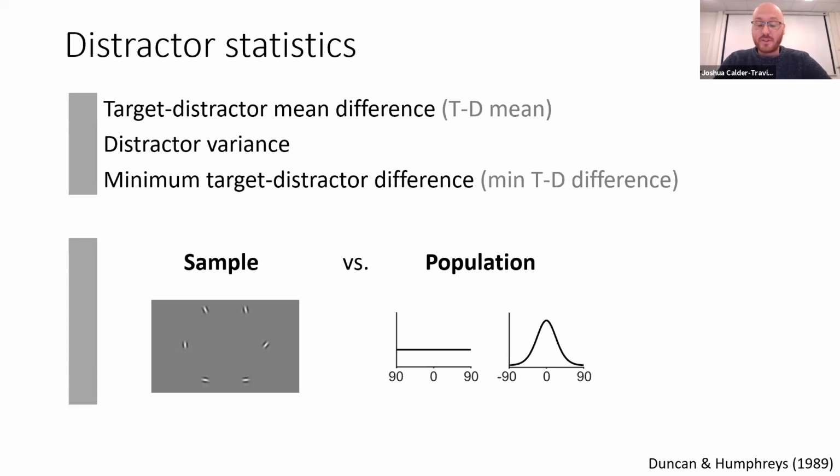We'll talk almost always about sample distractor statistics, but we can say something very minimal about population distractor statistics because we've got these two different distractor environments. Mostly, though, when we're talking about distractor statistics, we'll be talking about sample distractor statistics.